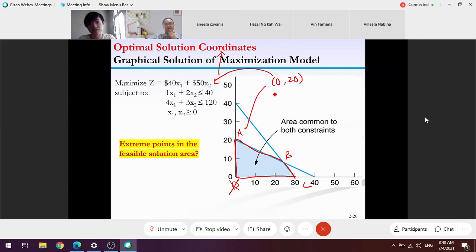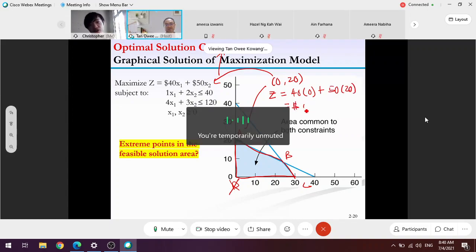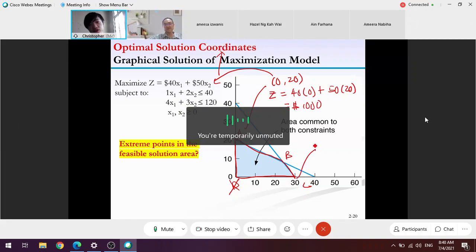Now I start the third step, using the objective function. It's 40 times 0 plus 50 times 20, which is equal to 1000. How about C? What is coordinate C?